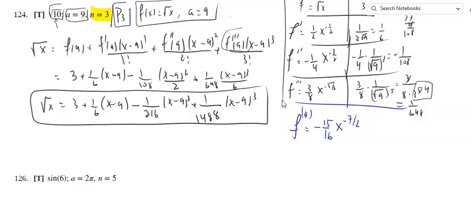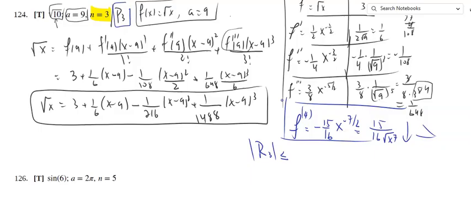So let's see how this plays. If I'm going to take the remainder by using a third degree polynomial, it is less than or equal to, check that, this is 15 over 16 times the square root of x to the 7th. That's decreasing, right? And if a function is decreasing, then we know for sure that, oh, a is 9.